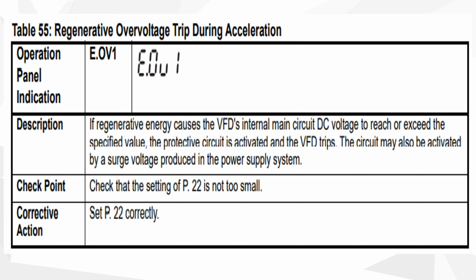Okay, so here some unwanted voltage is also generated. So that's why it is called surge voltage also. So that's why we have one PCB burning protection in the VFD. So that's why it is tripping. So we have to check the P.22 parameter number also. There might be very low values set.